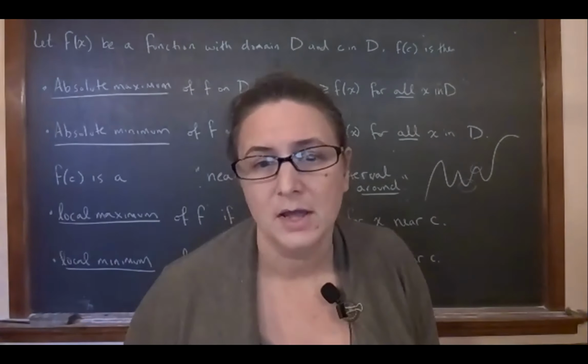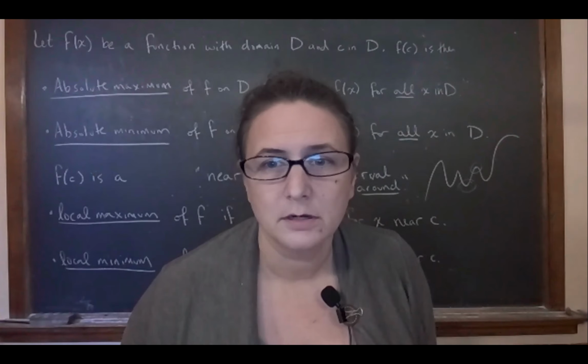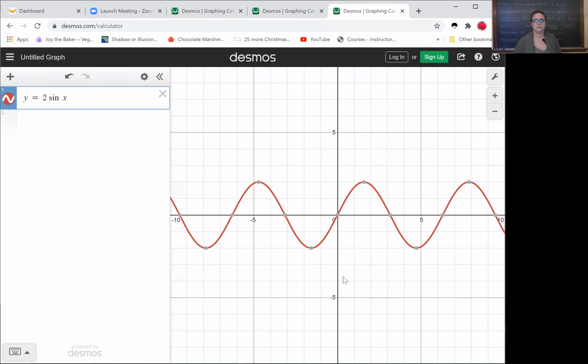For example, if we look at the sine function here, actually I think I put 2 sine x, so this is 2 times the sine function. We can see the absolute maximum is going to be 2, and the absolute minimum is going to be -2. But we know there's a whole lot of different points where that happens.